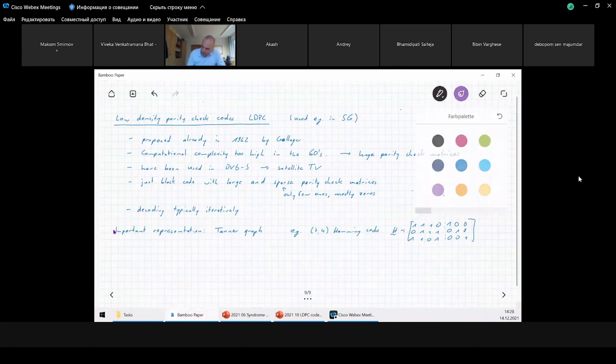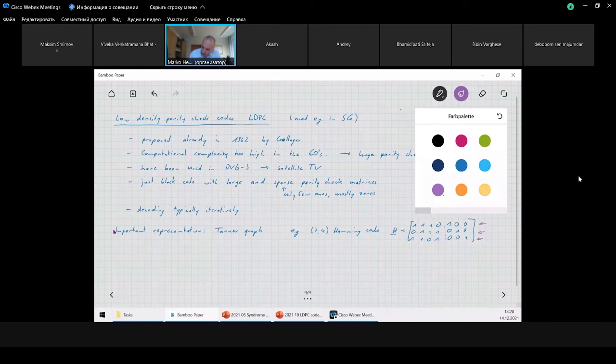And now we simply illustrate this by so-called check nodes and bit nodes.